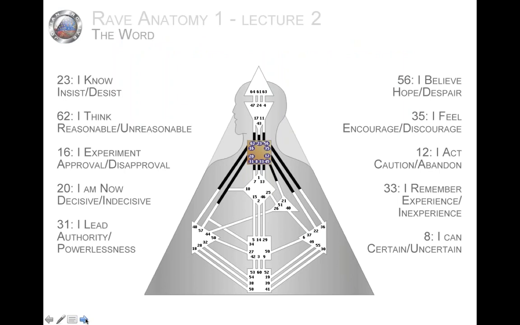Lecture two, he talks about the word. That's the name of the lecture, the word, where he talks about the throat center. And the throat center, and I'll probably sound like a broken record here when I talk about how important all these aspects are. But again, it's critical to understand the throat center because everything moves toward the throat center. So the center at the top is a pressure center, the center at the bottom is a pressure center, and the movement is toward the throat center.